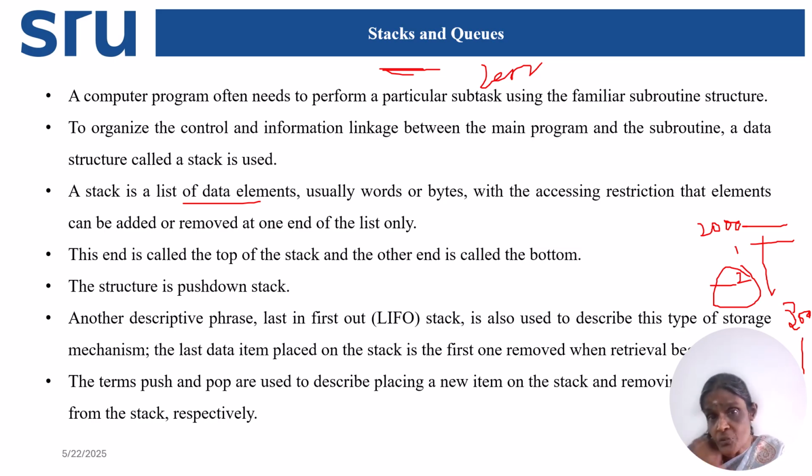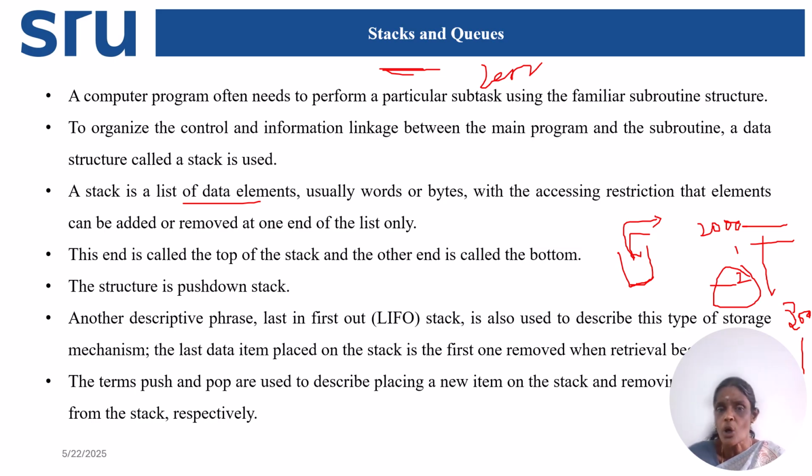But in queues, in both ways we can take the data. In a stack, one end is closed and one end is open, and from this open end we can put the data or take the data. This end we cannot disturb. That is what is stated here: elements can be added or removed at one end of the list only.